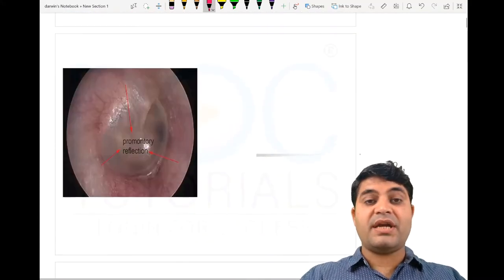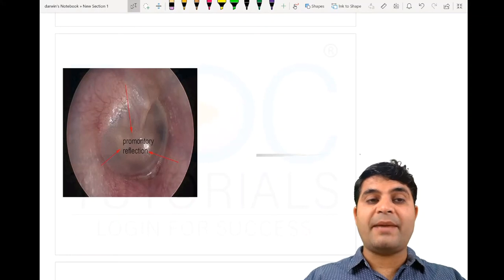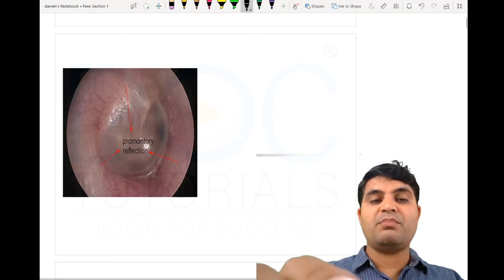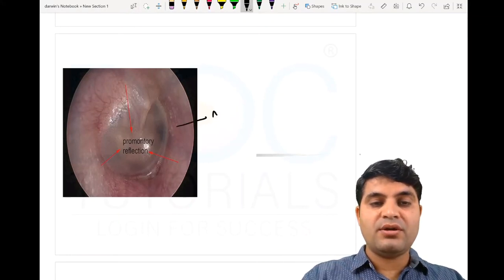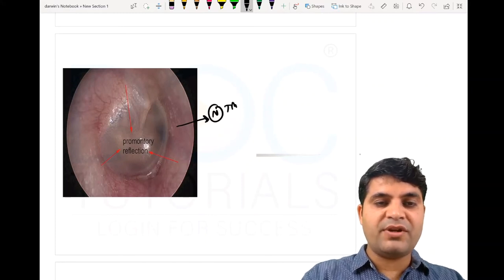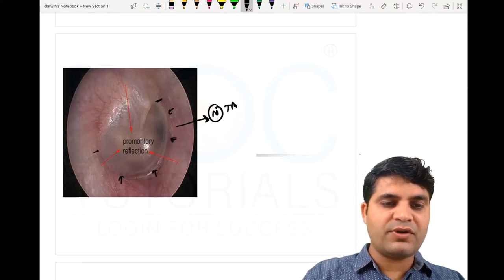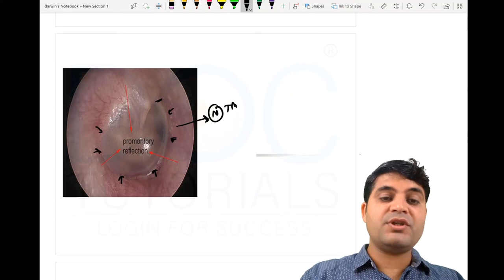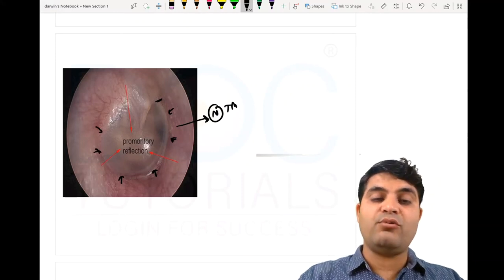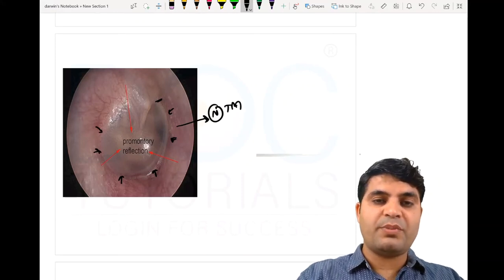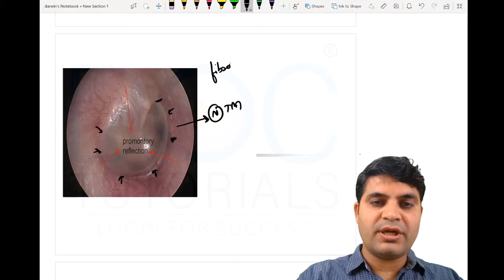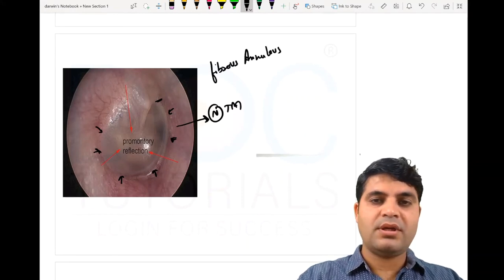Next important slide. This is a picture of an absolutely normal tympanic membrane. You can see the normal tympanic membrane and this peripheral thickened portion of the tympanic membrane. I hope you are able to see the peripheral thickened portion, which is known as fibrous annulus.